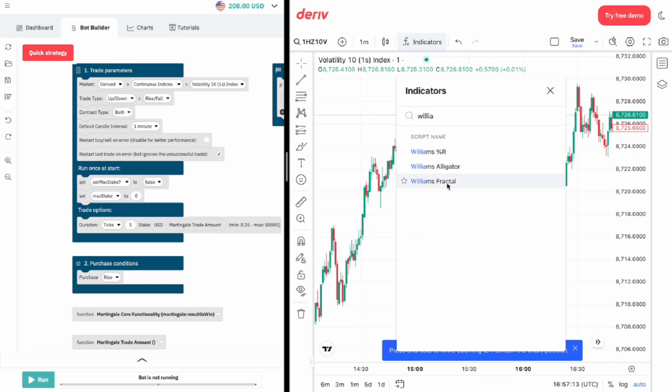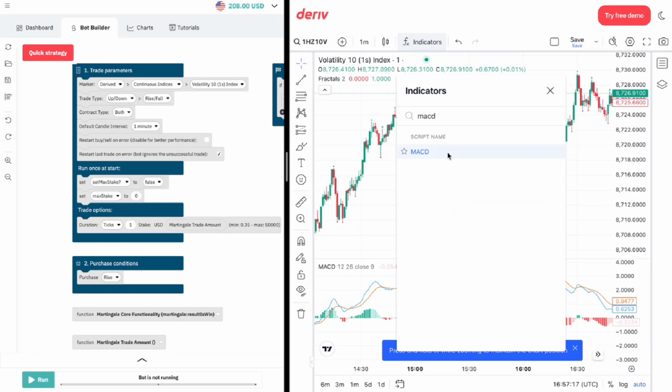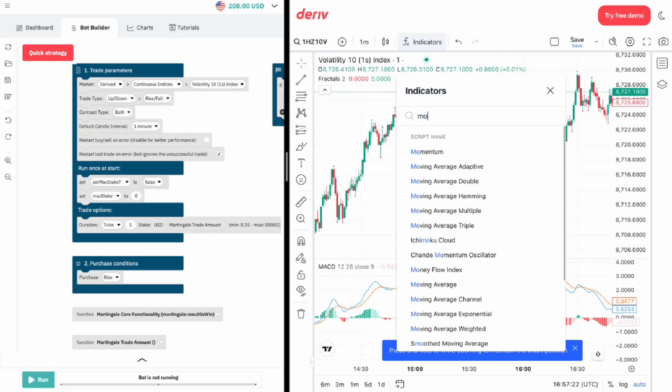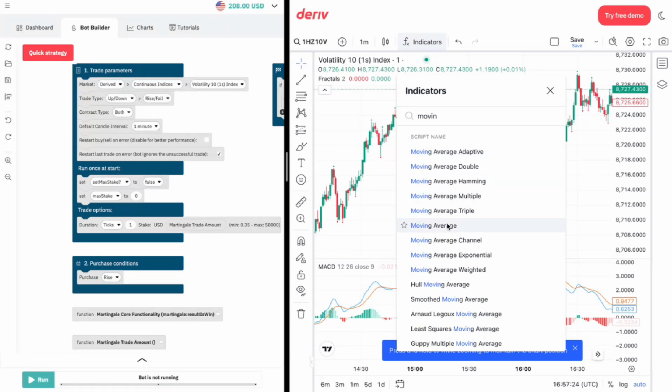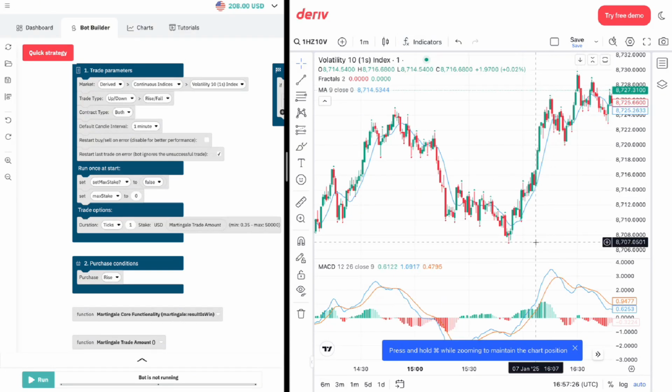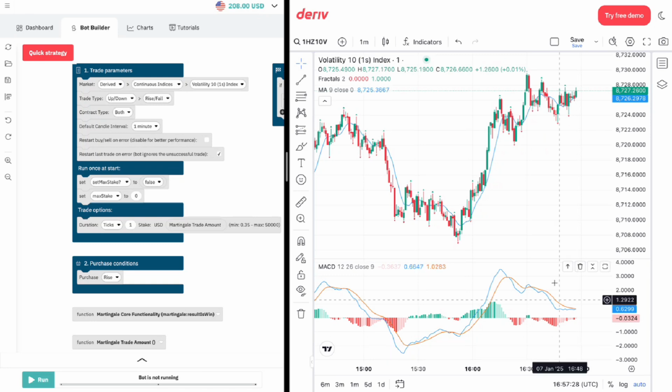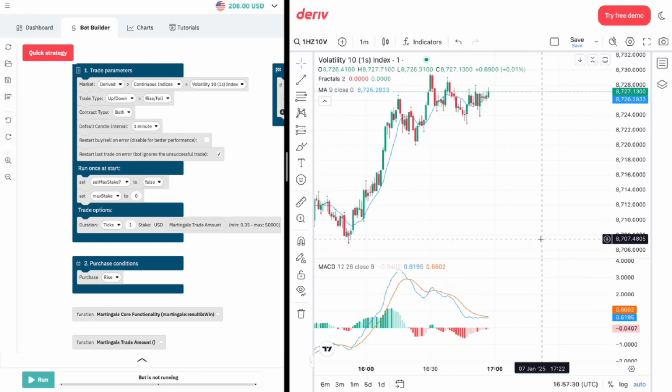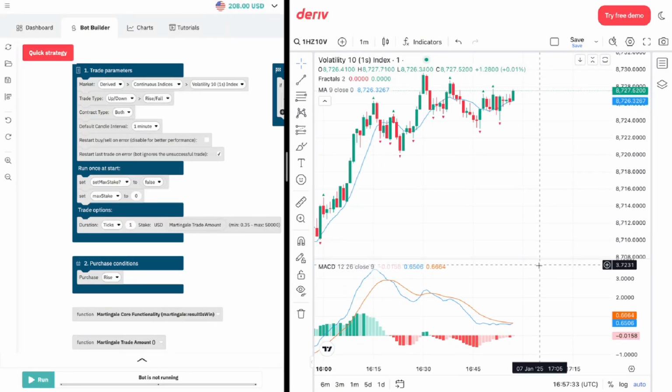Just type Williams Fractal, get me MACD, and then get me moving average, the normal moving average. Just those 3. Close the zoom, and then let's just wait for one thing. Now we're going to wait for 2 things.